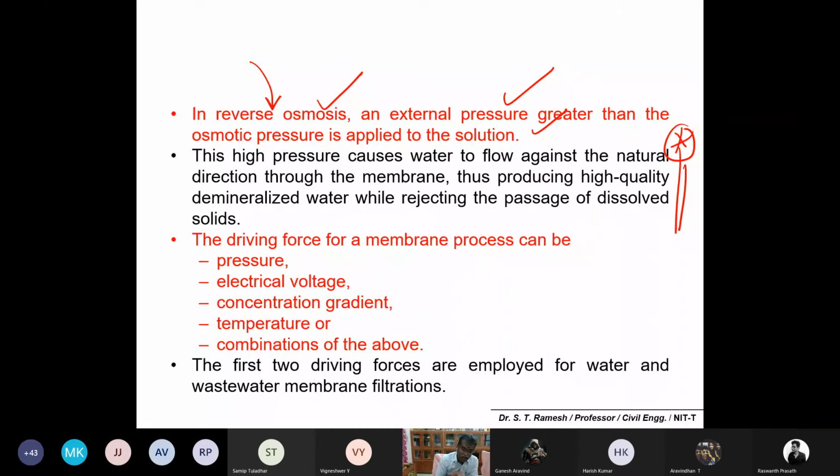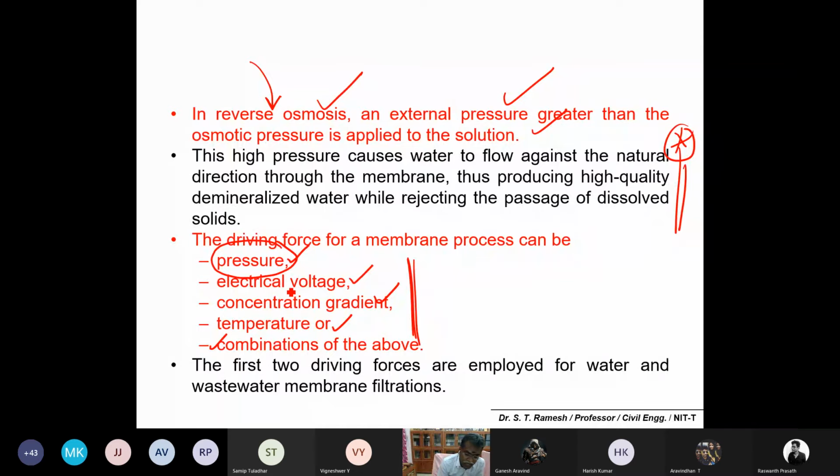These are the driving forces of the membrane filtration process. Either you can have a pressure, or an electrical potential difference, or a concentration difference, or a temperature difference, or a combination of the above. If it is a pressure difference, you call it membrane filtration.